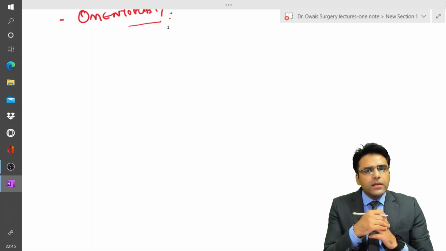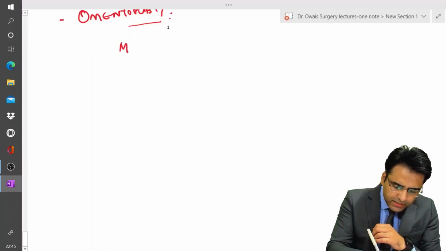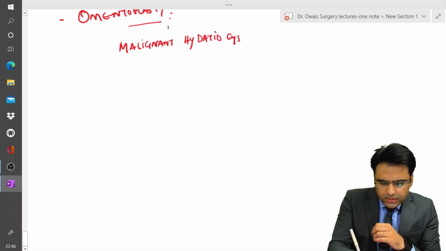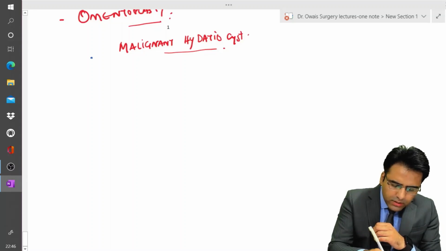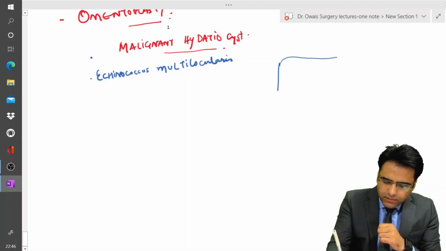In this, the whole of the liver is filled with multiple cysts.